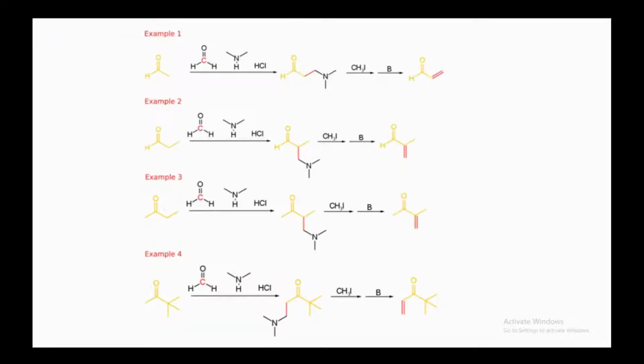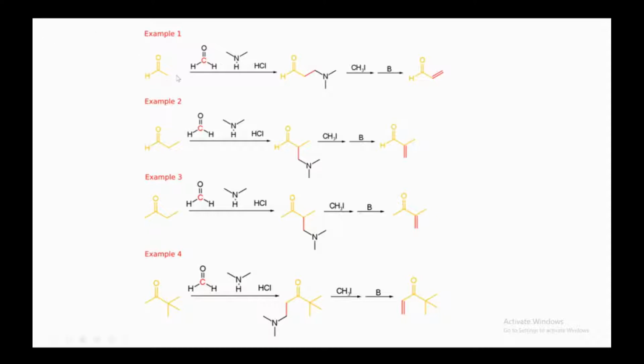Okay, let's discuss more examples of the Mannich reaction. As we now know, the Mannich reaction requires 4 things. One is a carbonyl compound, either aldehyde or ketone, which is enolizable, second formaldehyde, and third a secondary amine and HCl.